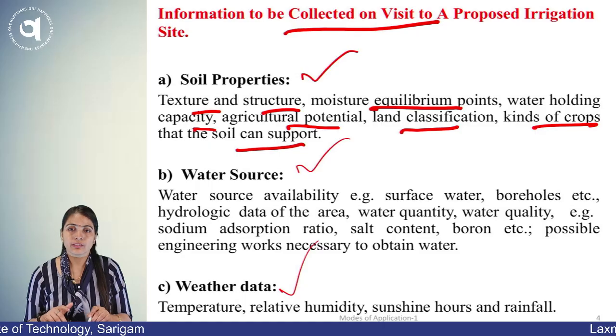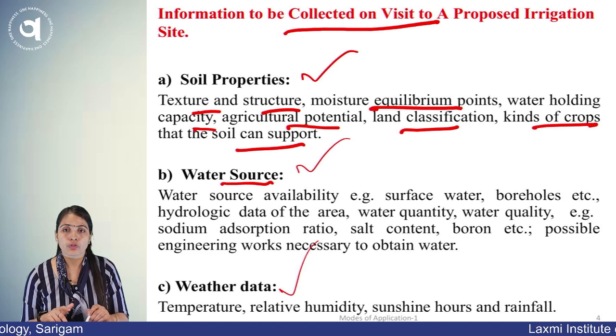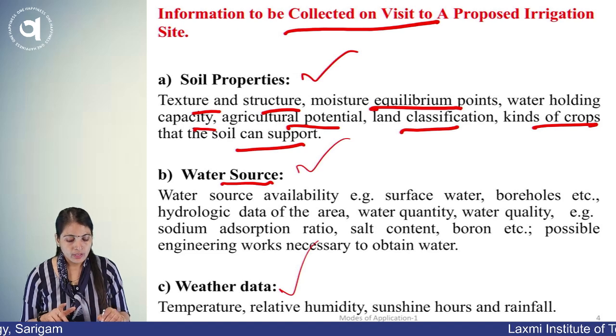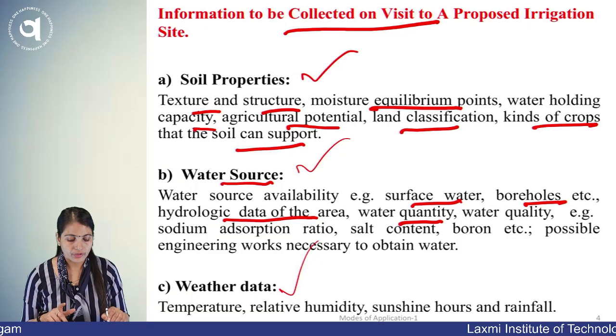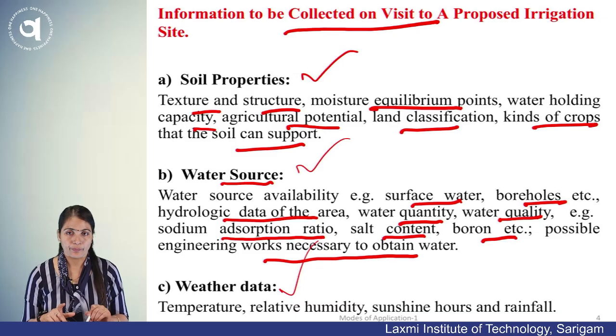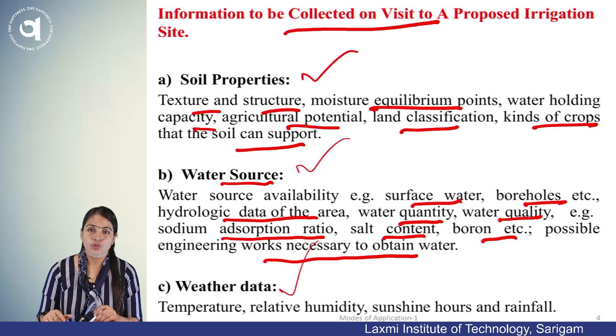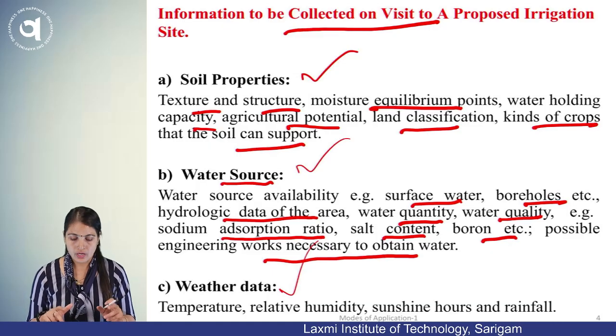Then water sources: whatever water sources are available in the area, such as surface water, boreholes, etc., hydraulic data of the area, water quantity, and water quality, for example sodium absorption ratio, salt content, boron, etc., and the possible engineering work necessary to obtain water. This information should be collected for the proposed irrigation site.